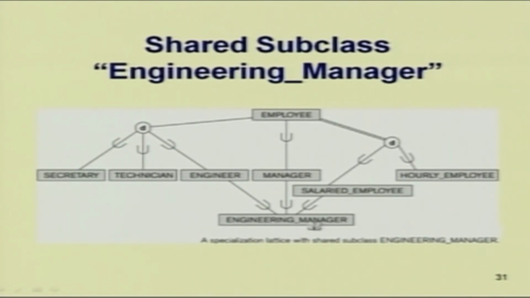This is called a lattice. And of course, you have 3 levels: employee, manager, engineering manager; employee, engineer, engineering manager; and employee, salaried employee, engineering manager. So, this has 3 levels as well as multiple inheritance. So, it is called a lattice.